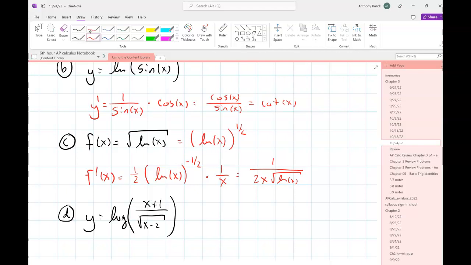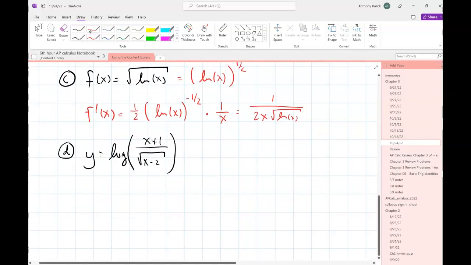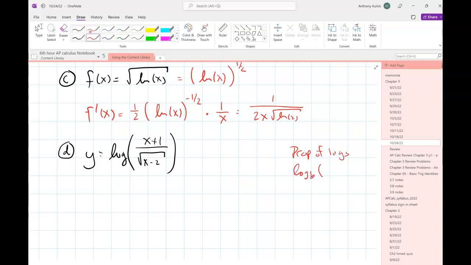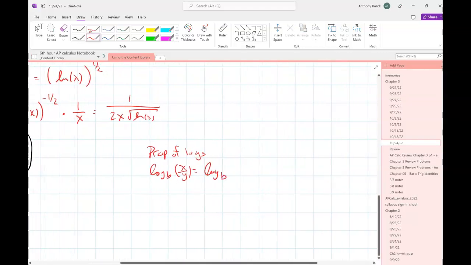So one thing that we need to kind of remember from Algebra 2 that can be quite helpful here is our properties of logs. So we had a quotient property that says the log of a quotient can be written as the difference of the two logs.